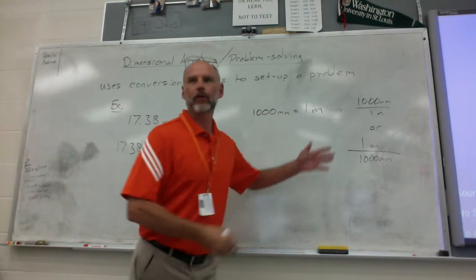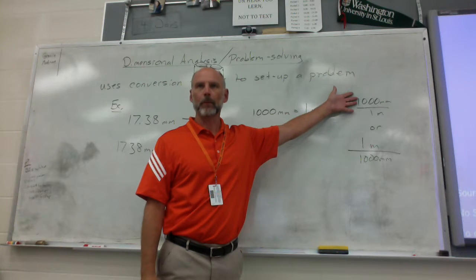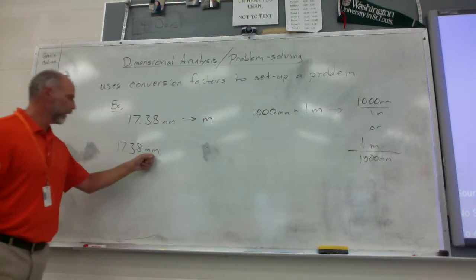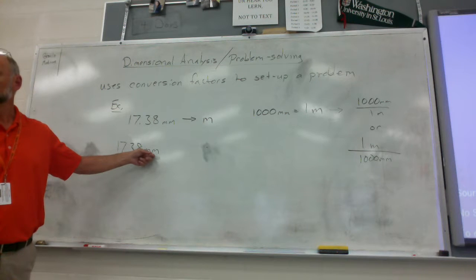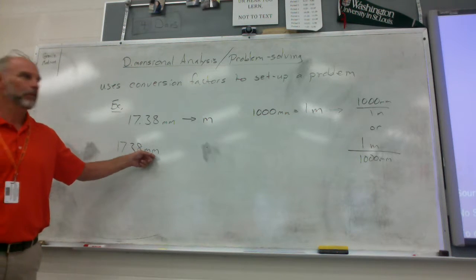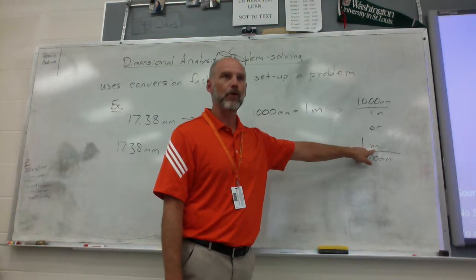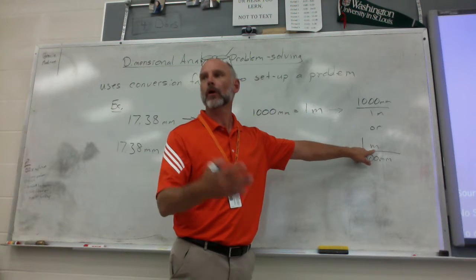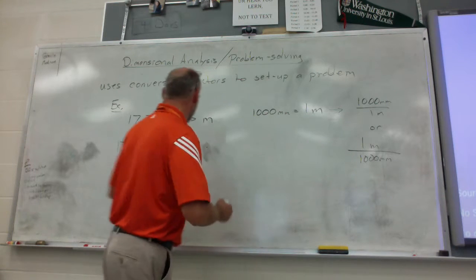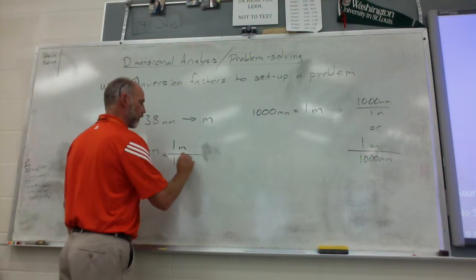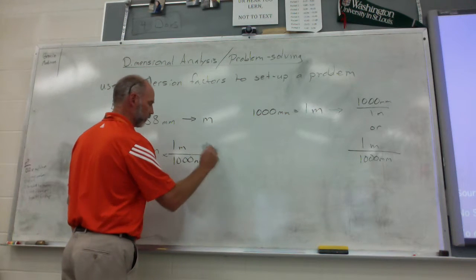It depends on what information I'm given and what I'm going to find out, which one of these two I'm going to use. In this case, I'm given millimeters. I want to end up in meters. So I'm going to pick the one in which the term I'm looking for ends up in the numerator. What you're looking for goes in the numerator. So, 1 meter over 1,000 millimeters.